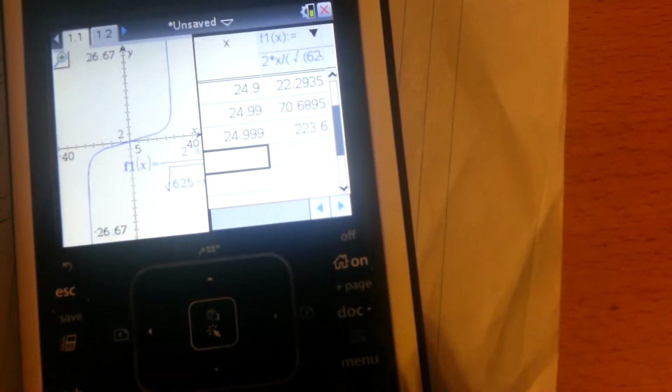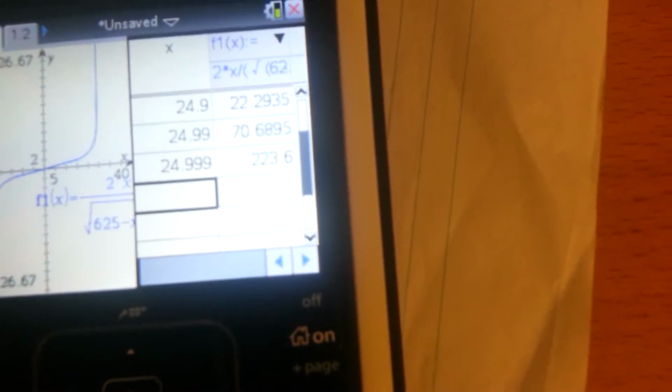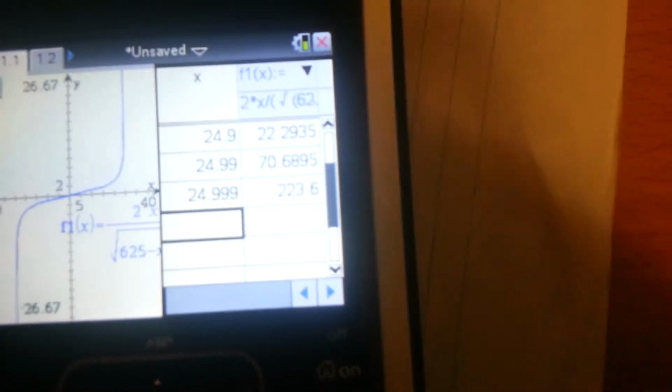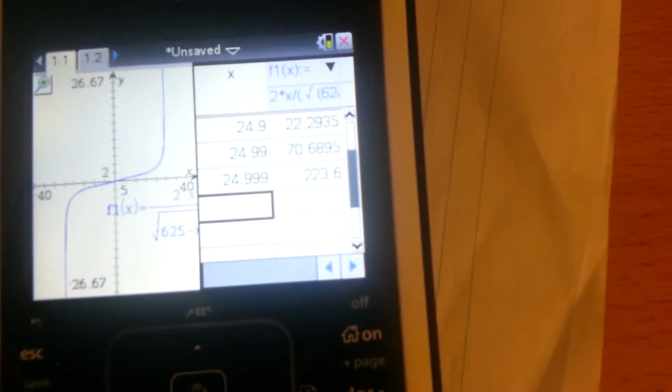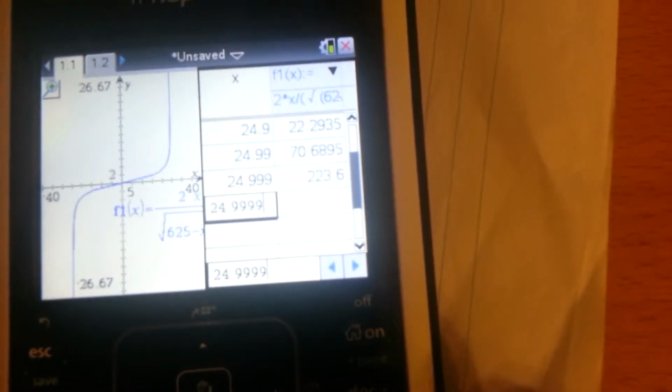So if you plug in 24.9, 24.99, 24.999, you can see that the graph very sharply increases as more 9s are added, and it's getting closer and closer to 25.